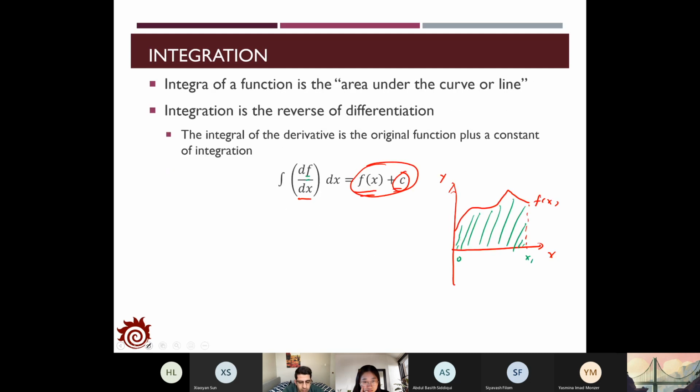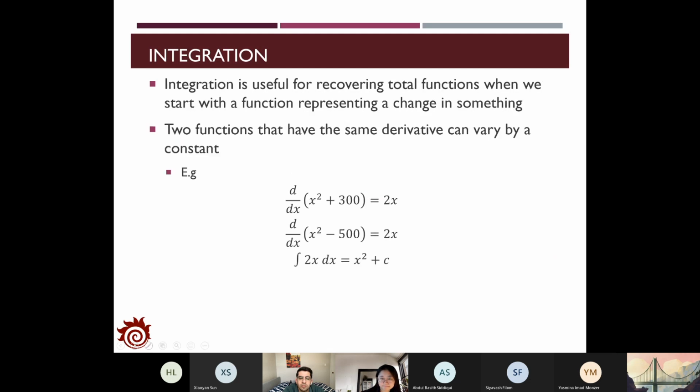And if you want to determine the value of c, you need to know the boundary conditions: what's the value of f(x) at x equals 0, or what's the value of f(x) at x equal to x1. So that's the definition of integration.